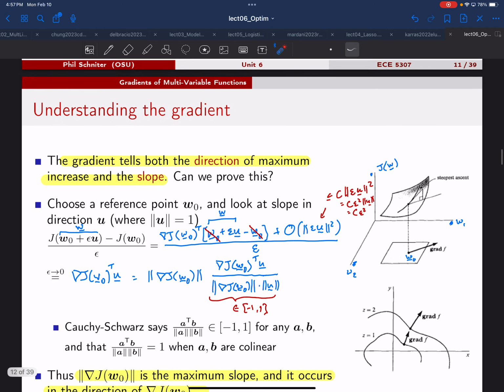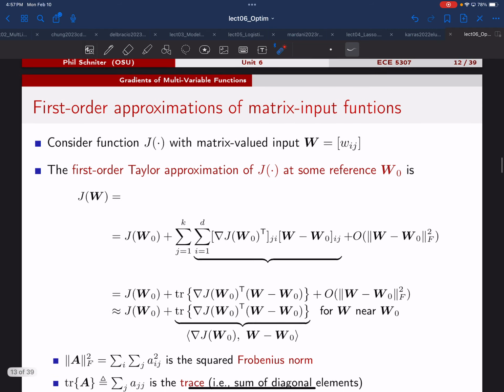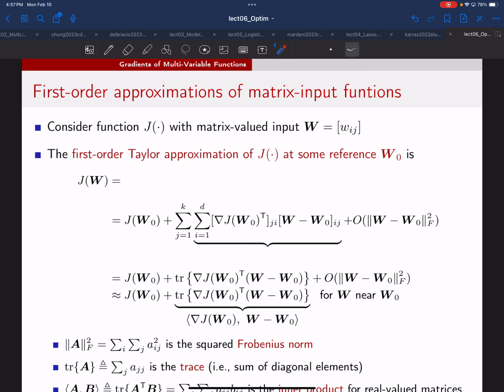Okay, so this is for vectors. Now let's do this again for matrices. So maybe we're doing multinomial logistic regression with 3 or more classes. Then we have a matrix of parameters we're trying to design. And so we have some cost function or cross entropy loss, or something else, whatever J is.